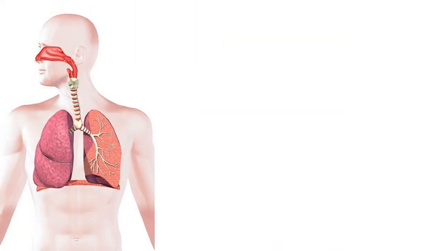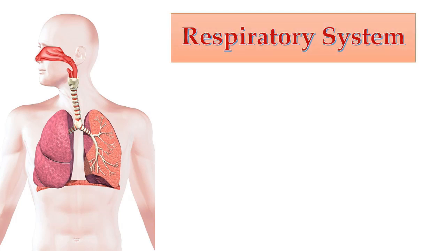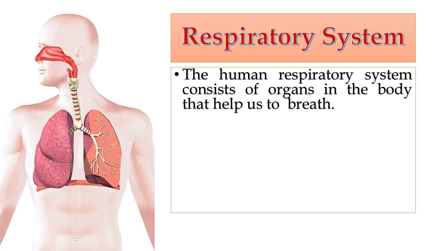This is our respiratory system, and this is how your body looks like inside. But what is a respiratory system? A respiratory system consists of organs in the body that help us to breathe. Meaning we inhale and we exhale. We take in oxygen and we give off carbon dioxide.